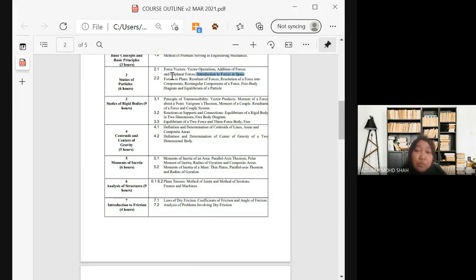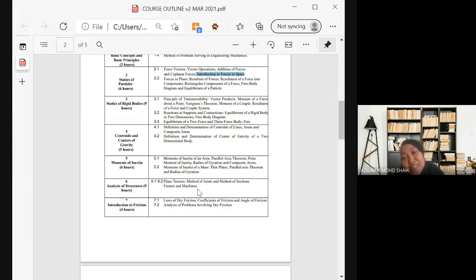Okay, untuk chapter 2. Chapter 3, chapter 4, chapter 5 will be taught by Sir Rizwan. And then chapter 6, this is the most interesting topic. Kalau tanya saya, saya sangat-sangat suka ni. Dan I hope that my student also love this chapter, analysis of structure. Best gila.